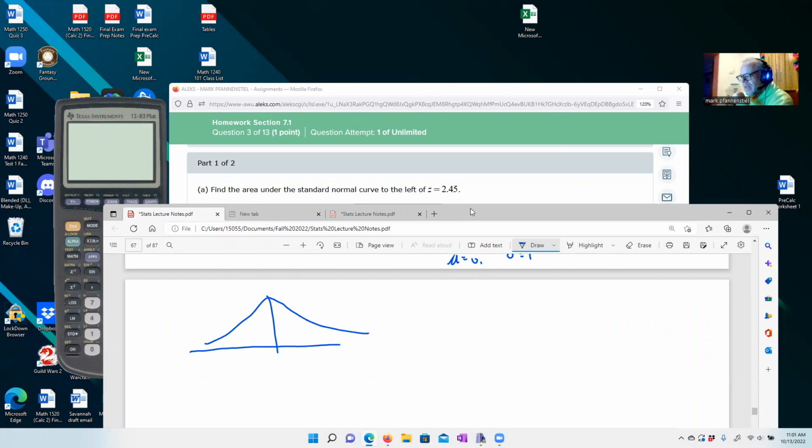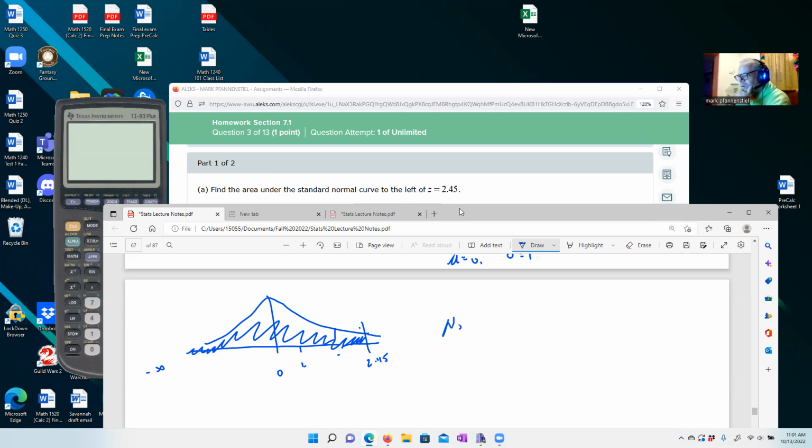And it says we want to the left of 2.45. Here's 0, +1 is over here, +2 is over here. And they want to the left of it.